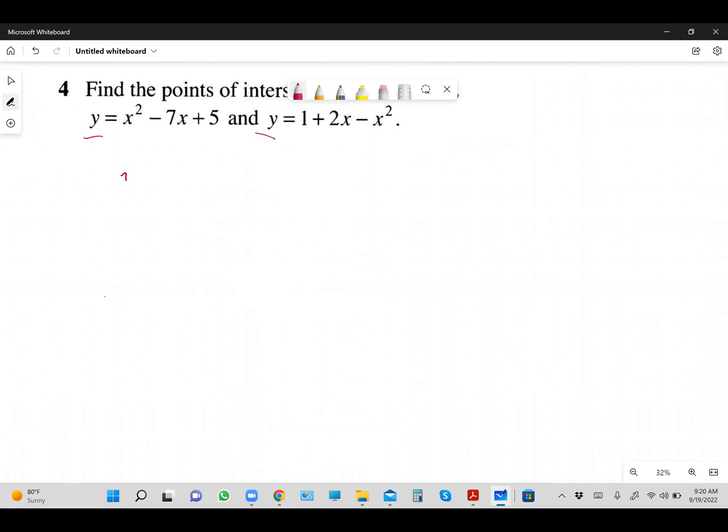So let's do it. So does x squared minus 7x plus 5 equal to, and I'm gonna write it in this way, negative x squared plus 2x plus 1. Is that true? I just wrote it differently. Yay or nay? Yay. So how do you solve this?